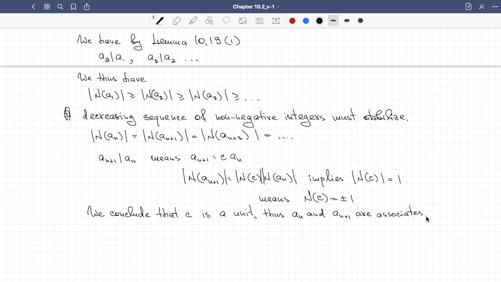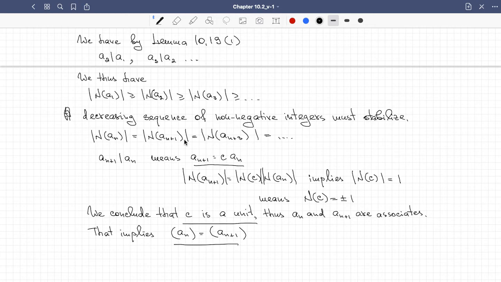That implies that the ideal generated by an is equal to the ideal generated by an plus 1. In fact, you can derive that immediately from the fact that C is a unit. You have this, and C is a unit. That's enough to conclude this.